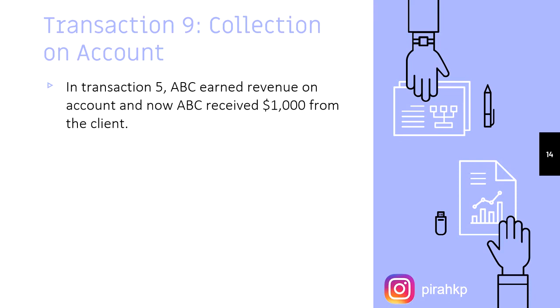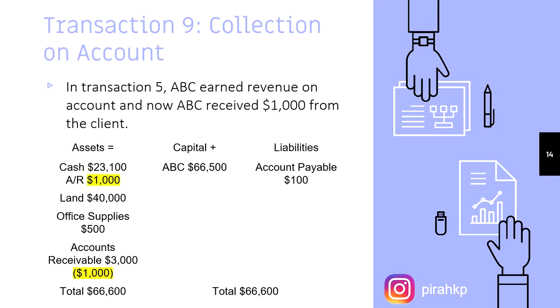The same thing is happening here. We are adding some more cash, $1,000, and we are going to remove $1,000 from our account receivable. Now there are only $2,000 remaining in our accounts receivable. So what did we do here? We added cash $1,000. And in the space of accounts receivable, we subtracted $1,000. Get it? Simple, easy, right? There is no change in capital or liabilities.